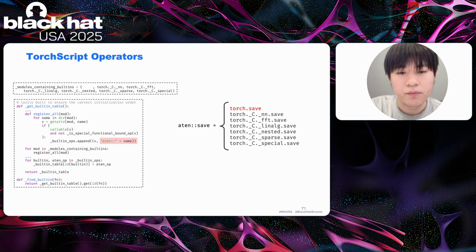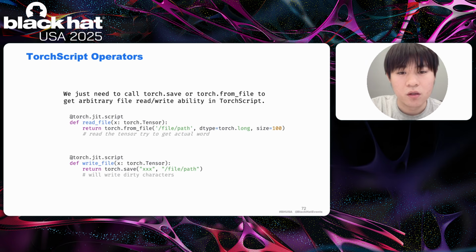By testing each object individually for the process of a save function, we will find that the save function exists in the torch object. Item from file can also be obtained in the same way. So we just need to call torch.save or torch.from_file to get arbitrary file read write ability in TorchScript.